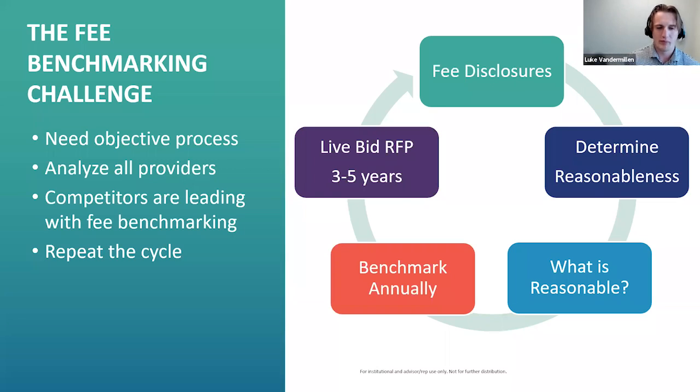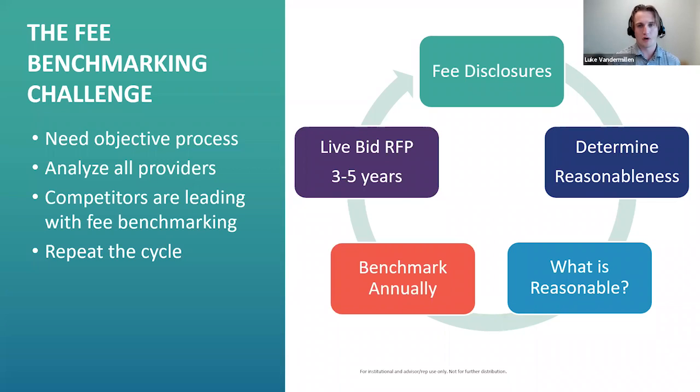So on an annual basis, again, the DOL recommends that fiduciaries benchmark fees on an annual basis, which you'll be able to do using the PlanFees platform. And then we also suggest every 3 to 5 years doing what we call a live bid RFP. What we mean by that is doing a more comprehensive fee benchmarking report where you're analyzing the current pricing structure of a plan, again, taking into consideration all the things I've already mentioned here.